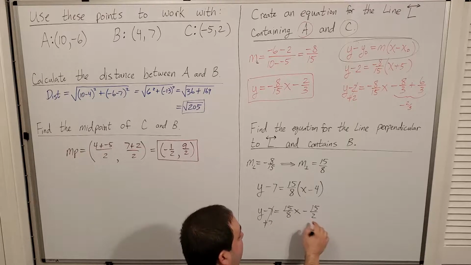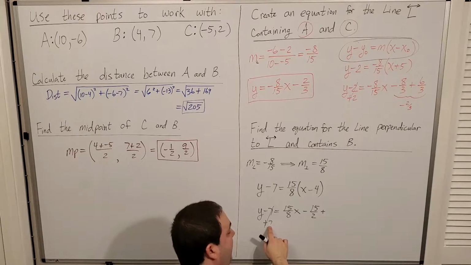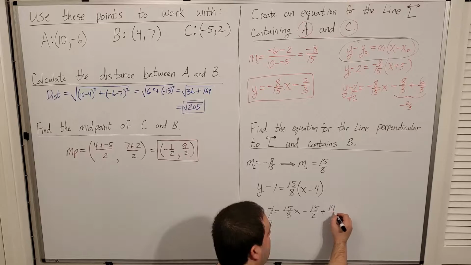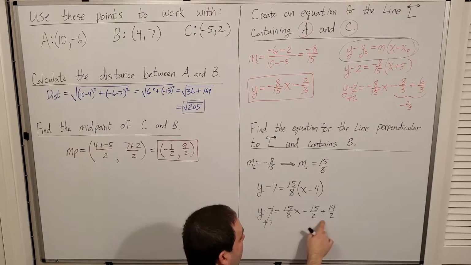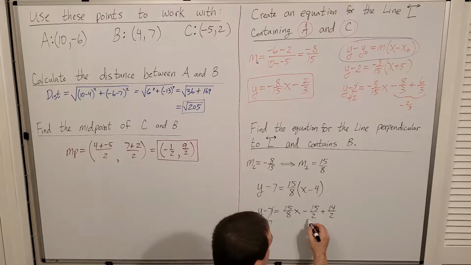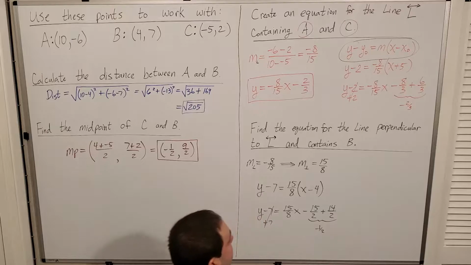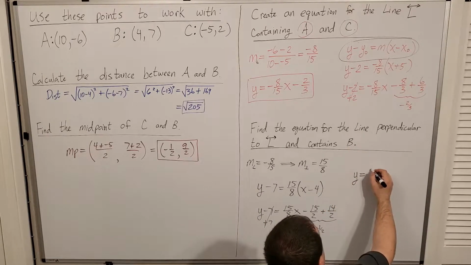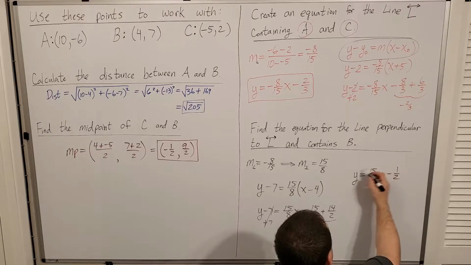But remember, instead of adding the number 7 on this side, I'm going to add something that has the same value but has a common denominator. So I'll use 14/2. 14 divided by 2 is 7, but they have a common denominator here. And I'll be able to combine those two into -1/2. So final answer here, y equals 15/8 x minus 1/2.